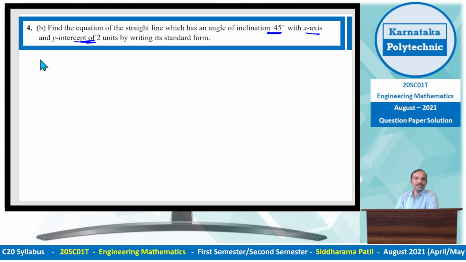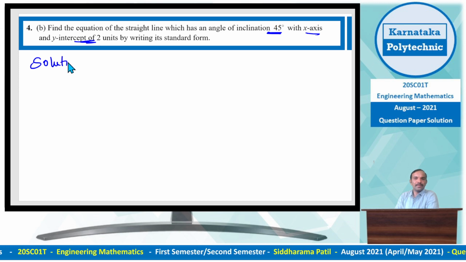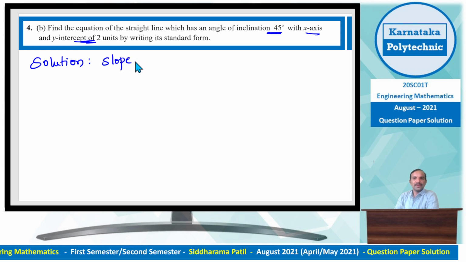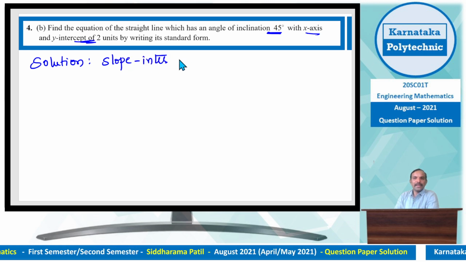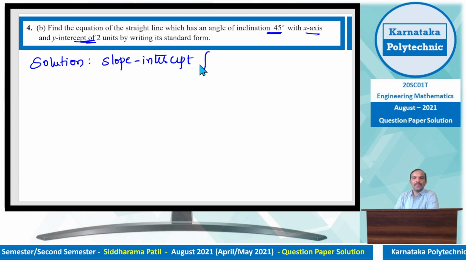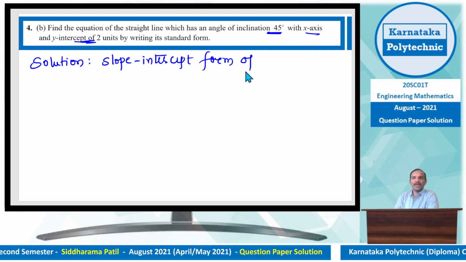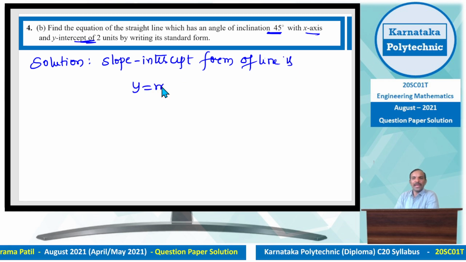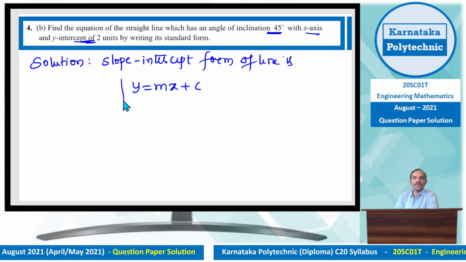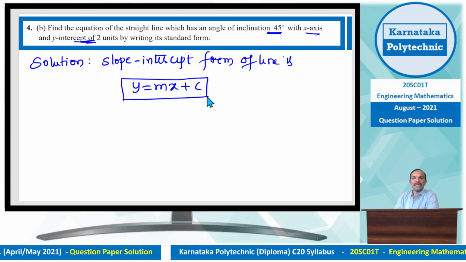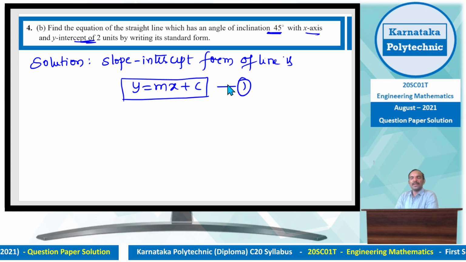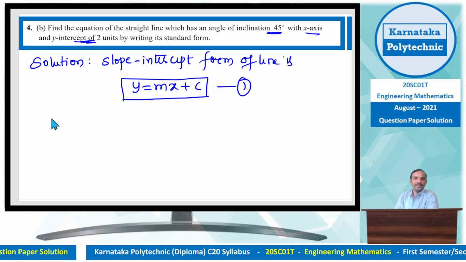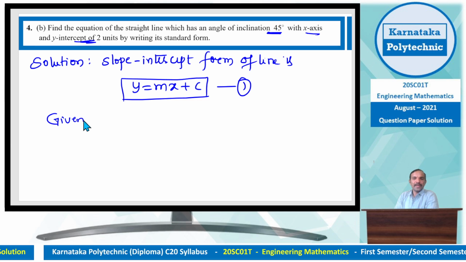Solution. Slope intercept form of a line is y equal to mx plus c, it is the standard form. m is slope, c is y intercept. Here, inclination is given.